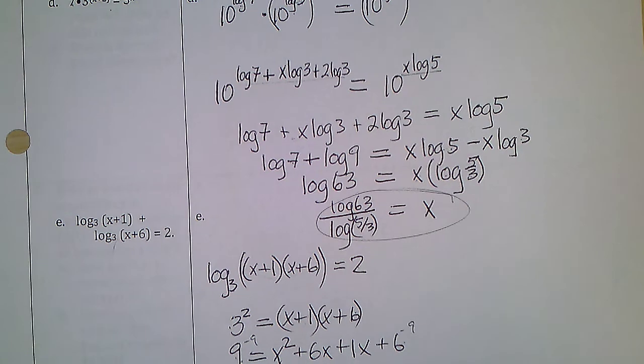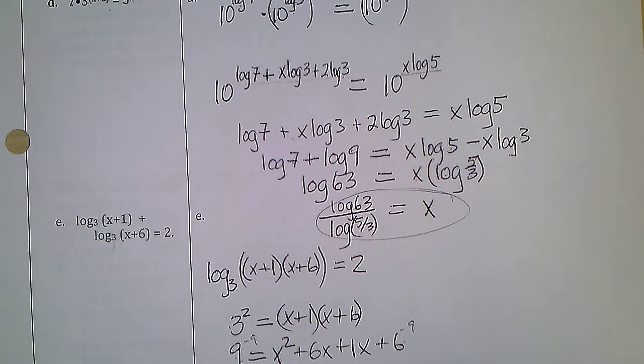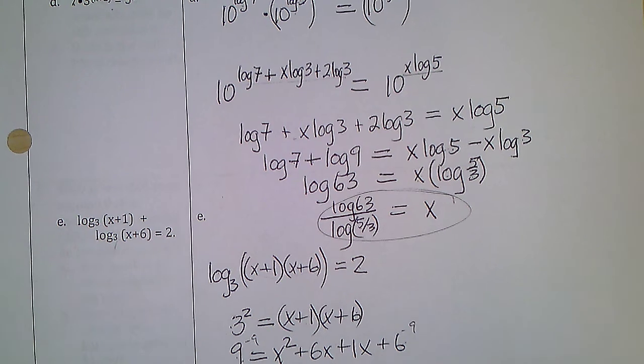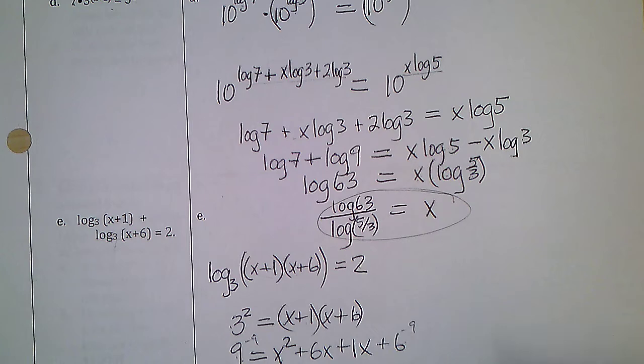And then I'll try to factor, and let's see, will that factor? That would be x and x. And I can only do 3 and 1, and that's not 7, so factoring won't work, so I'll go to the quadratic formula.